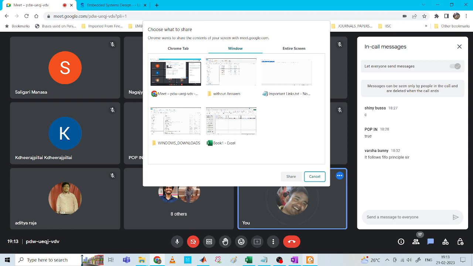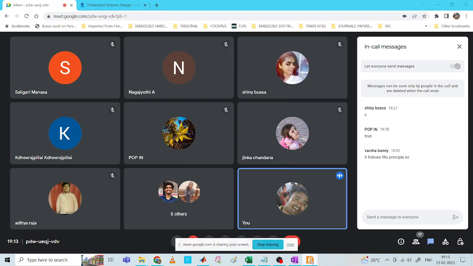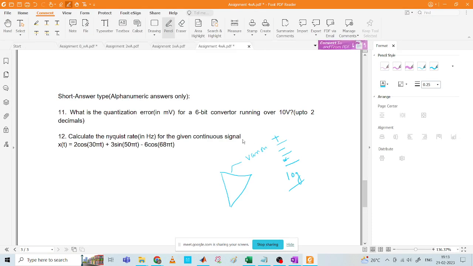Is the screen visible now? Yes, sir. Okay. So the symbol is like this. You have minus, plus. You can give any signal 1 and signal 2, and with the correct circuitry, the correct network, you can achieve any functionality, plus, minus.